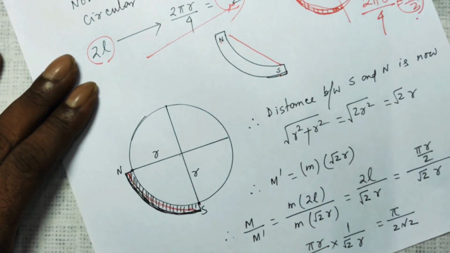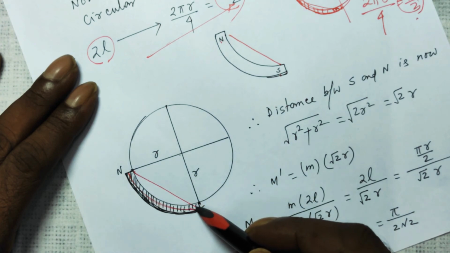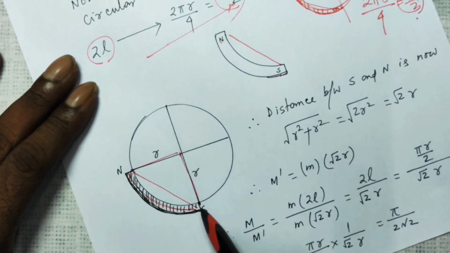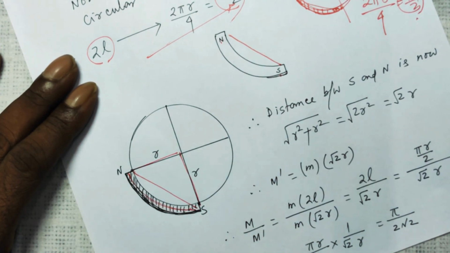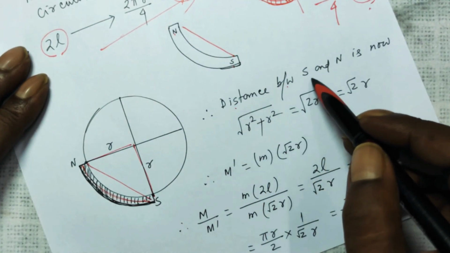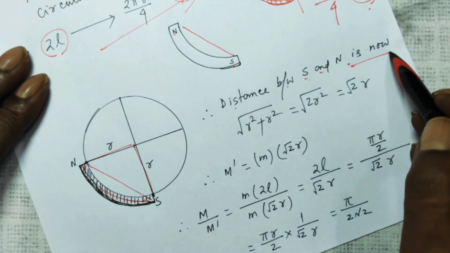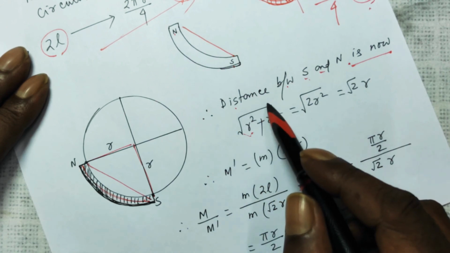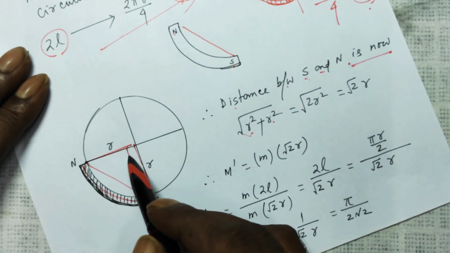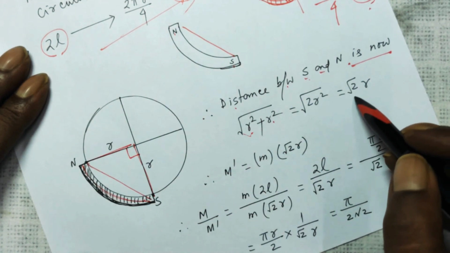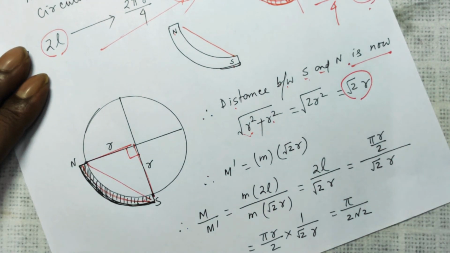So what is this distance therefore? It will be the square root of r squared plus r squared. So the distance between the south and north now is the square root of r squared plus r squared. This is 90 degrees, so using the Pythagoras theorem it becomes root 2 r.